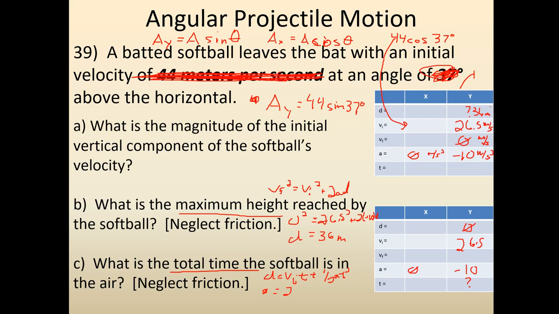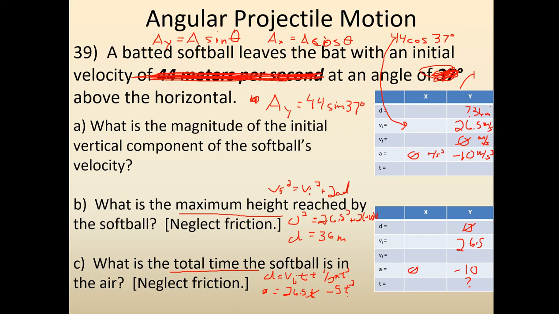0 equals 26.5t minus 5t squared. Remember, when it comes to test time, this would not be acceptable. You would have to write plus 1/2 times -10 times t squared. I'm using a mouse, so I'm allowed to do that.